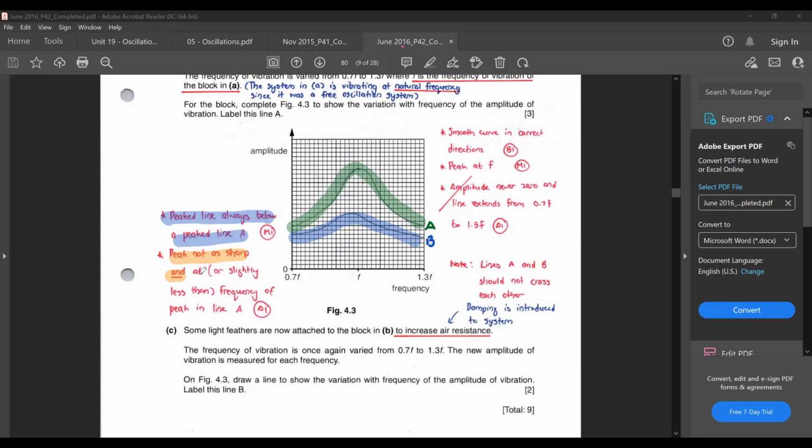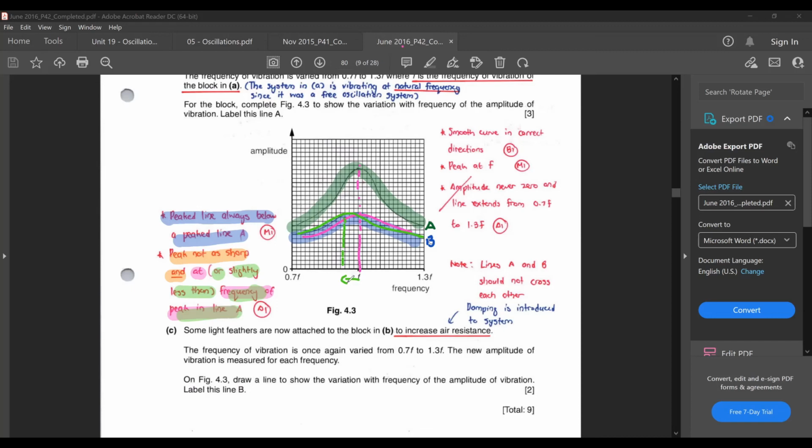and at the frequency of the peak in line A, meaning to say you could have drawn it like this, where your peak is right over here instead, or slightly less than the frequency of the peak in line A. Meaning to say you could have just drawn it like this, where the frequency at which you get your peak is slightly to the left.